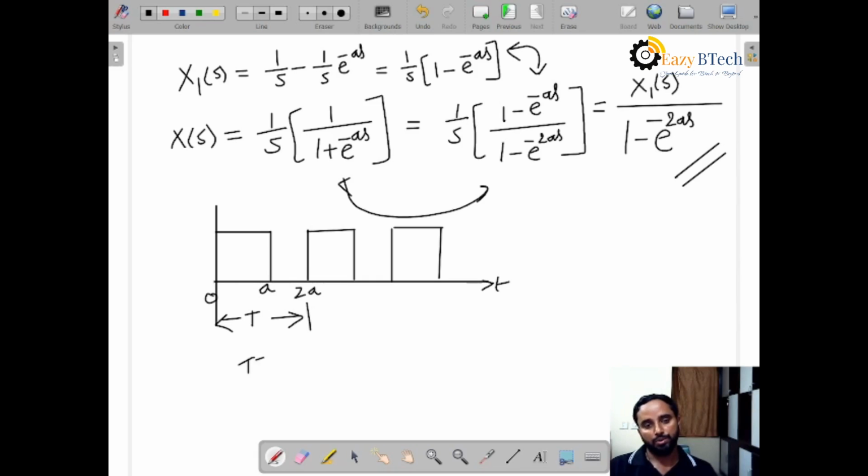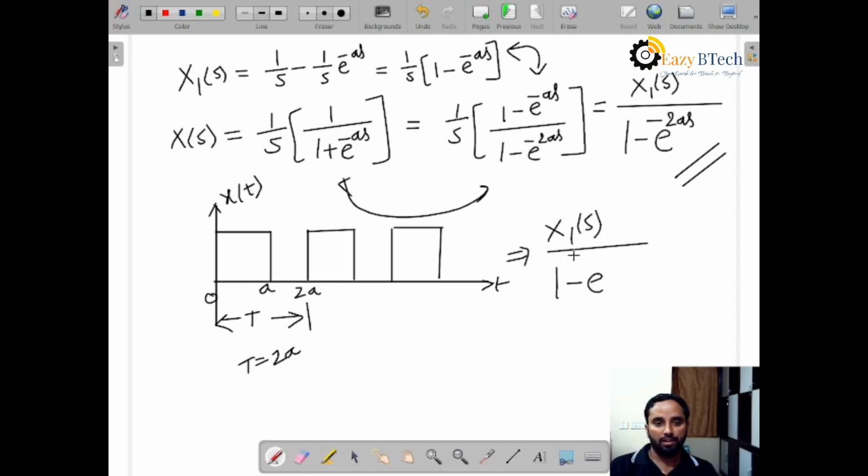One cycle of the given signal, or the time period of the given signal, is T equal to 2a. So in place of 2a, the answer we can write as x1 of s by 1 minus e to the power minus Ts, where T is the time period of the signal, 2a.